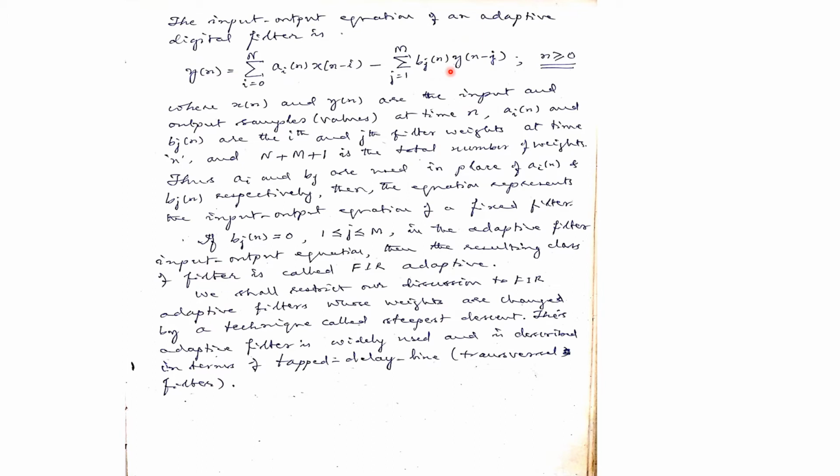The second term can be 0 only if b j of n happens to be 0. y of n minus j cannot be 0 because it's the output. Therefore, only the filter coefficients need to be 0, which means that b j of n should be equal to 0 for j ranging from 1 to m to transform the equation into an adaptive FIR filter.